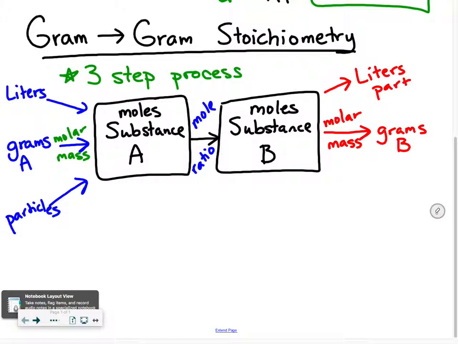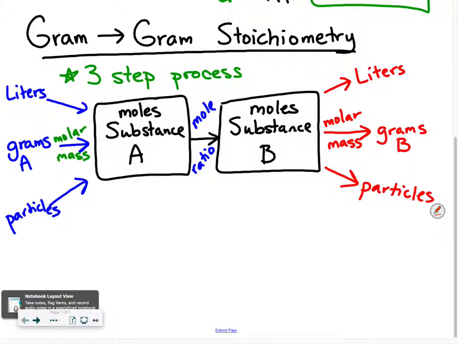But if you notice, the only way to get from A to B is to bring in that mole ratio, okay?